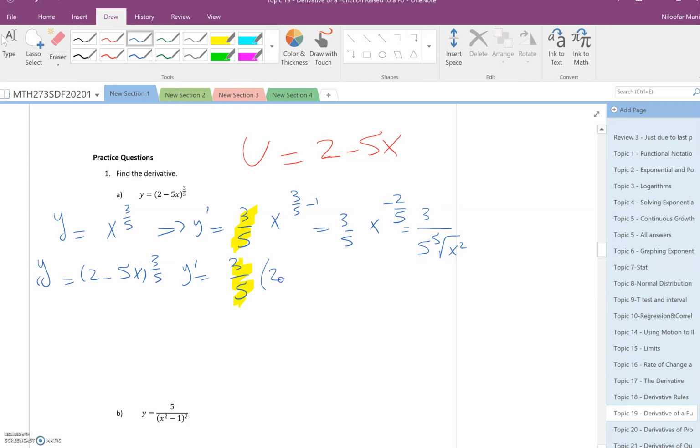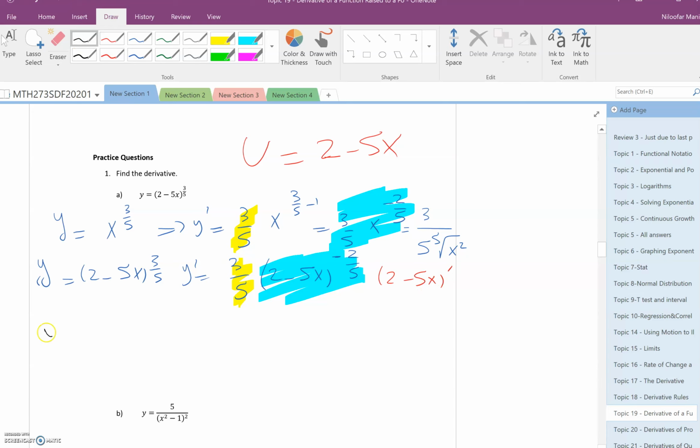So it is 2 minus 5x power minus 2 over 5. And then I times with u prime, which is 2 minus 5x prime.